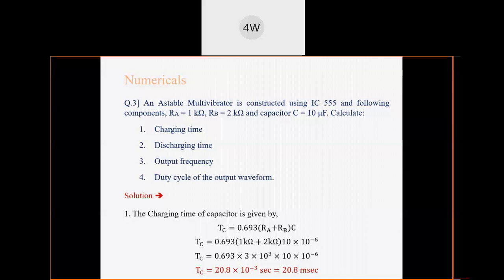0.693 into RB into C. Yes, it is correct. So just put the values there and give me the final value for discharging time. Just try to solve.